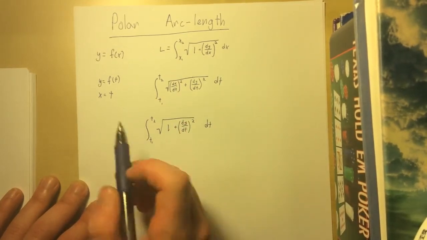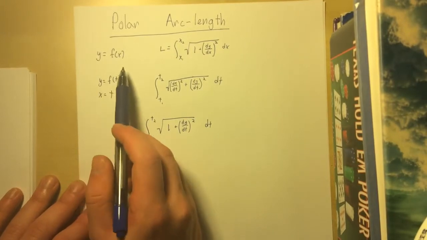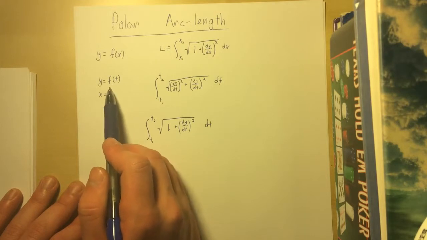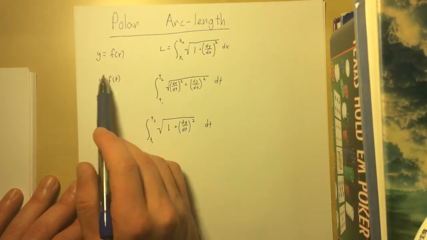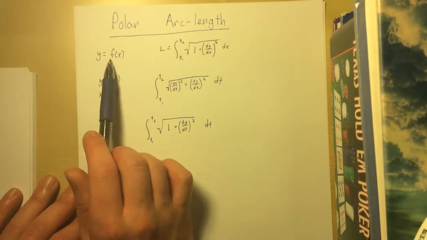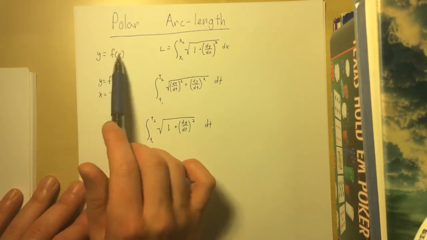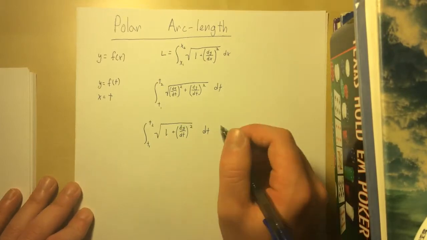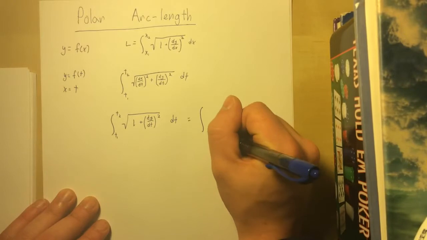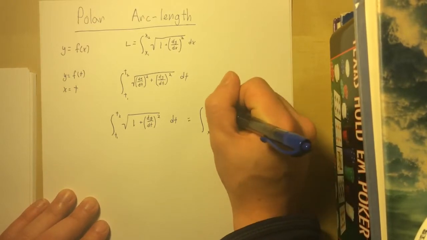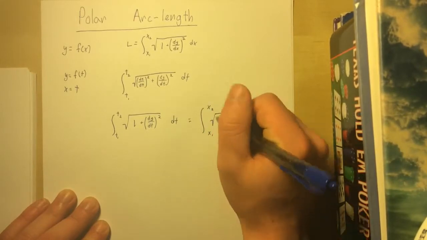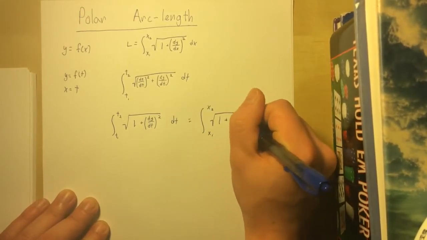Looking back, the derivative of y with respect to t is the same as the derivative with respect to x of this equation right here. So that's where you come up with this. We're just changing these t's into x's since they're equivalent. That's how I like to think about arc length.